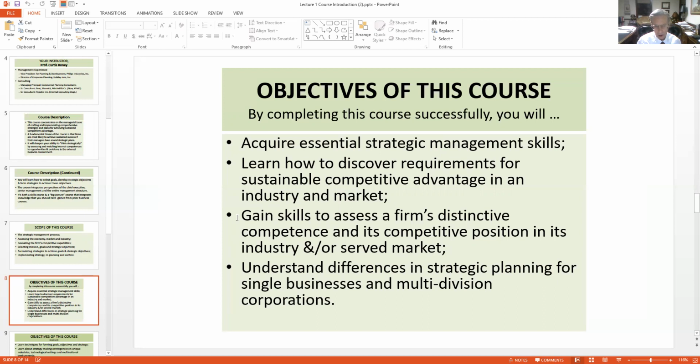For instance, companies that are in just one line of business, one industry, one product line, must take one approach to strategic planning. But many firms now are more complex than that. They have multiple divisions. They compete in multiple markets and industries, and the approach to strategic planning for them is different than for the single business company.